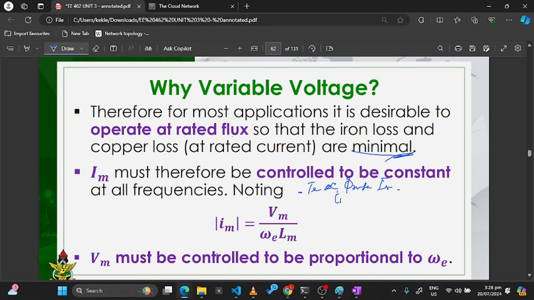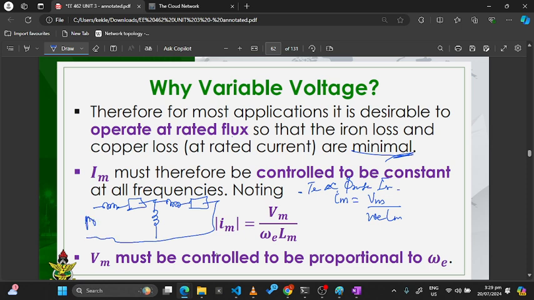And we know what is producing it is Im. And Im is equal to the Vm divided by omega E Lm, or Lo. Because if you draw your circuits this way, this is the equivalent circuit.